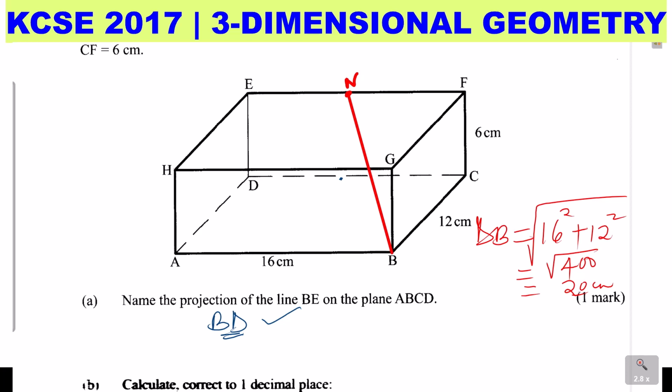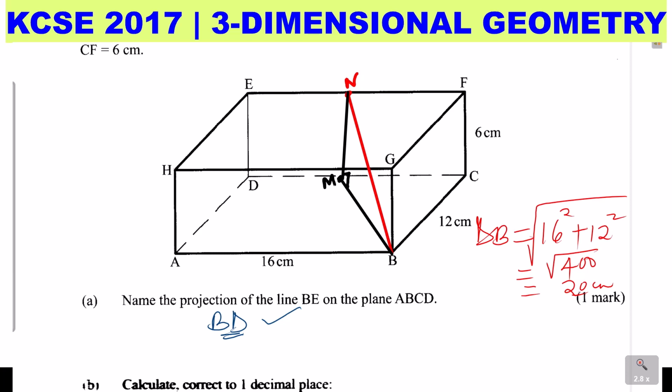Now to do that, we'll first need to get the projection of N to the bottom plane, that is ABCD. The projection of N will be there, just perpendicular. And then from this point, we can join like this, and let this point be denoted by, let's say, letter M. So this will be 90 degrees.